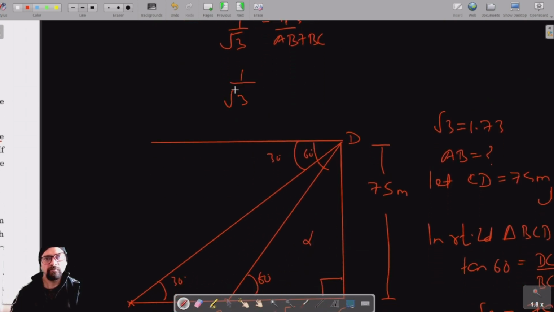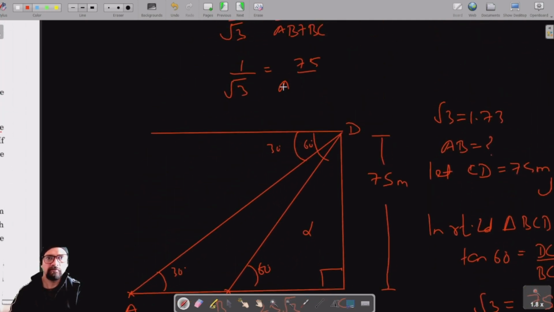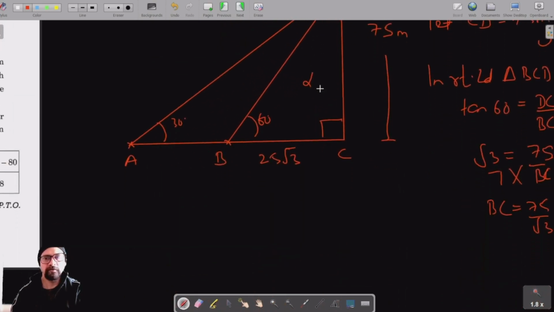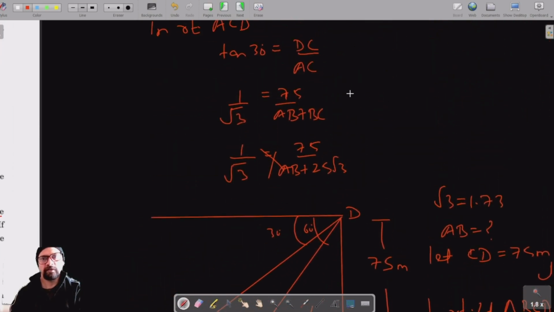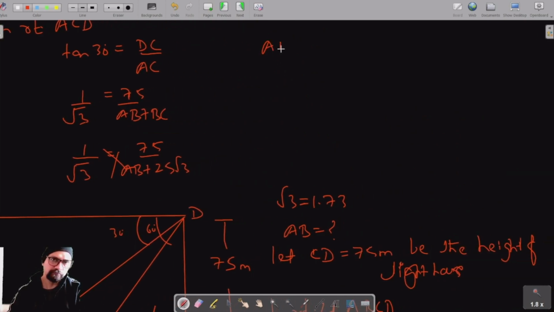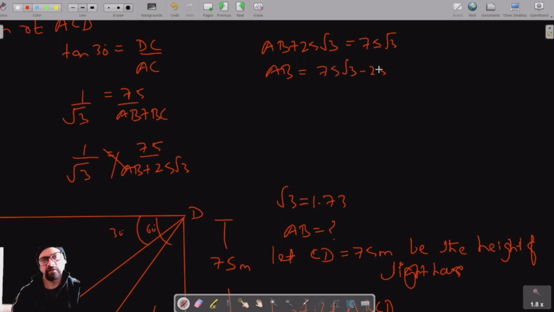So 1 by root 3 is equal to 75 over AB, which we have to find, plus BC, which is 25 root 3. Let's cross multiply this, which gives us AB plus 25 root 3 is equal to 75 root 3, and AB is equal to 75 root 3 minus 25 root 3.